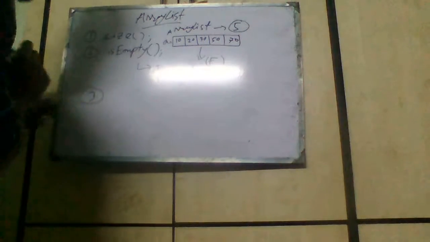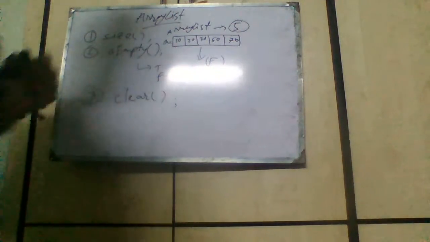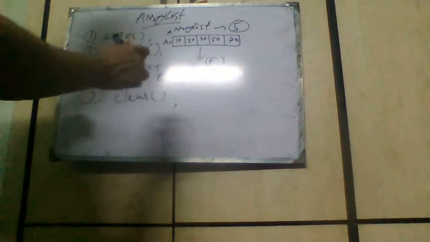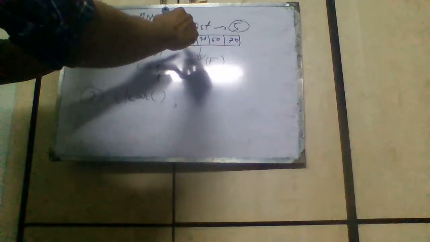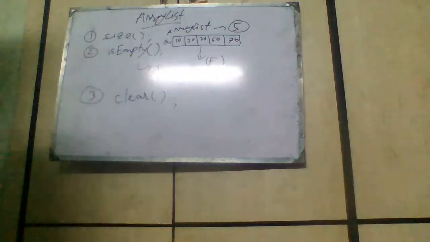Okay. And number 3, this function is clear. The activity of this function is it will clear all the values of an ArrayList.